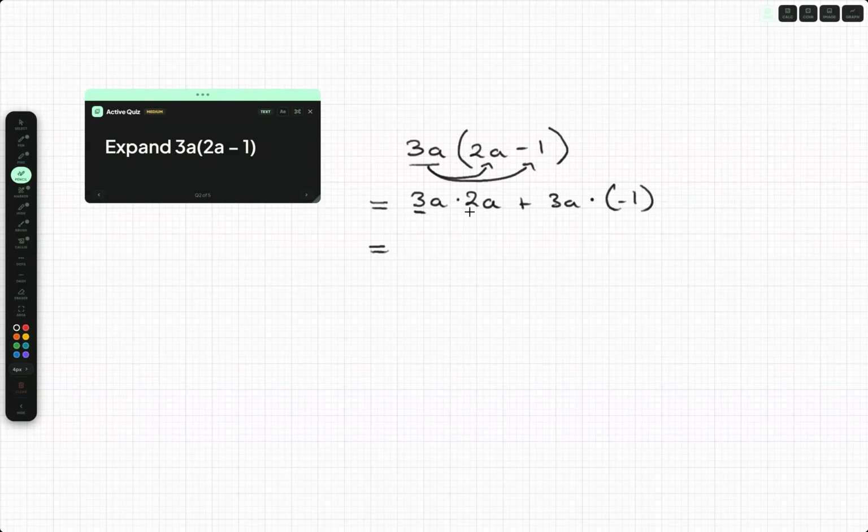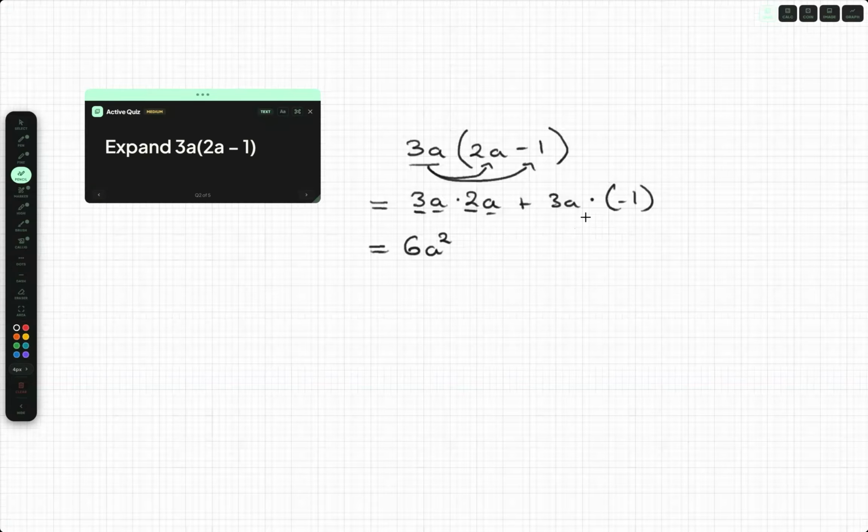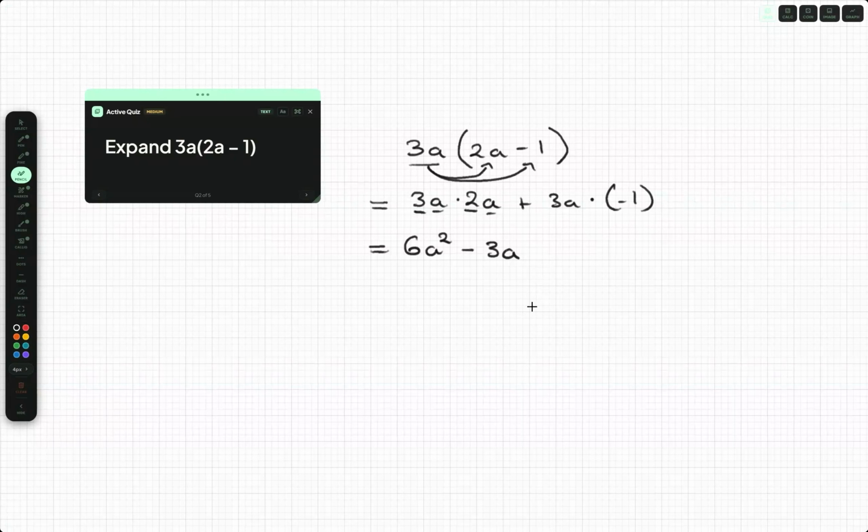So the first thing we do is we multiply our coefficients. This is the value at the front. So 3 times 2 is 6, and then we multiply our pronumerals. And a times a is a squared. Then 3a times -1, well that's just minus 3a.